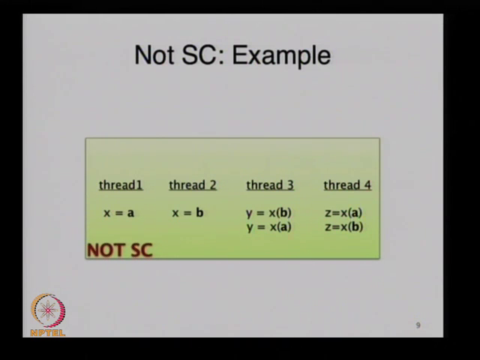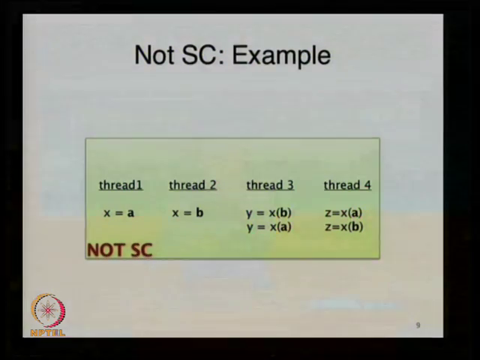Which means that we'll be looking at even more lax models of consistency, which OpenMP, for example, implements something that we said is a weaker consistency model.